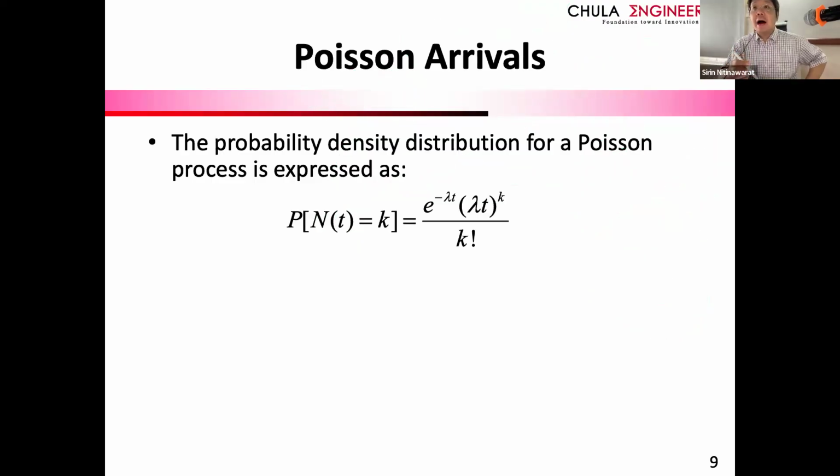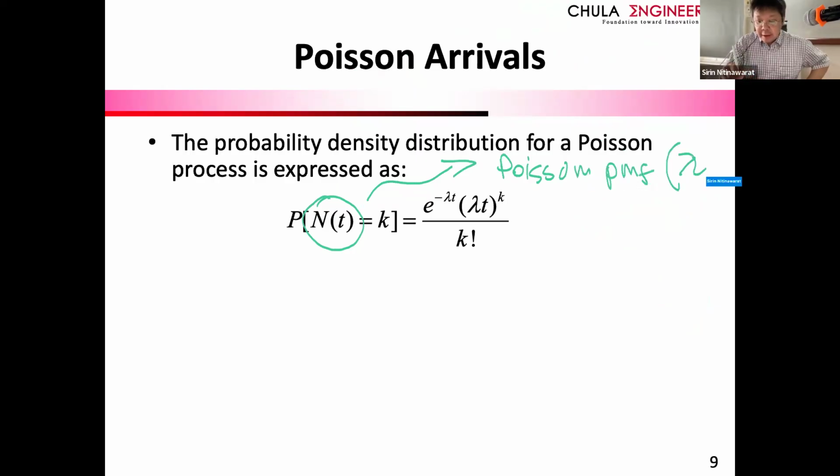So this is precisely why we call this the Poisson arrival process, because if you consider the resulting N of T, it turns out that it is a Poisson PMF with parameter lambda T, where lambda is the so-called arrival rate, in terms of customers per second, right?